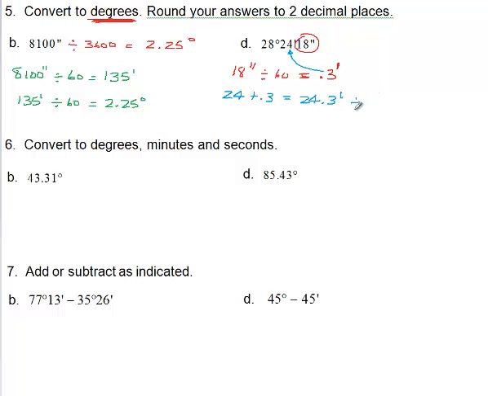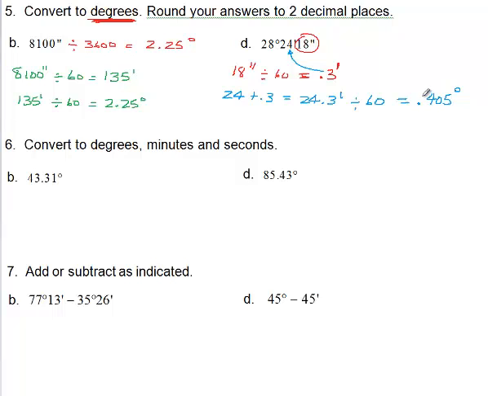I'm going to divide that by 60 to change it to degrees. So add on to 24, then divide by 60. That's my total minutes, divided by 60, and I get 0.405, and that's degrees now. So what is my final answer? Then I do the same thing.